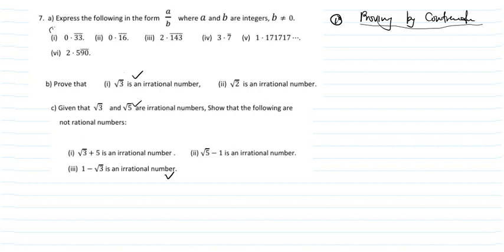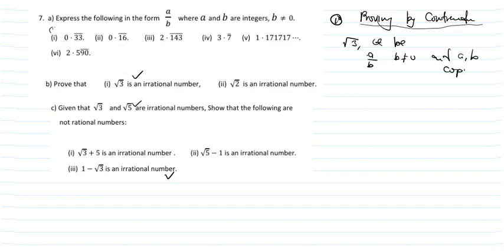Okay, so what we do in proving by contradiction is suppose now, you write, we assume root 3 is rational. It can be written in the form a over b, where b is not equal to 0, and a, b are co-prime.